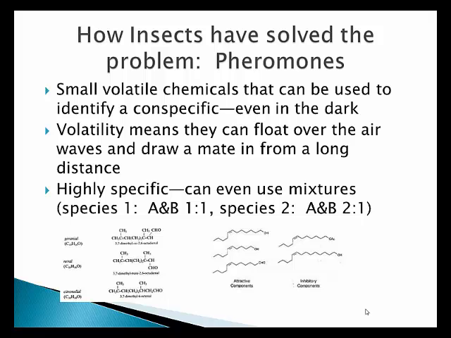But insects have ingeniously solved the problem of how to get together with other members of the same species, even those that look alike, in several different ways. But certainly one of the most widely used methods is the production of sex pheromones. The sex pheromones are like other pheromones. They are small, volatile chemicals that are usually produced and released by the female in order to attract a male of the same species.